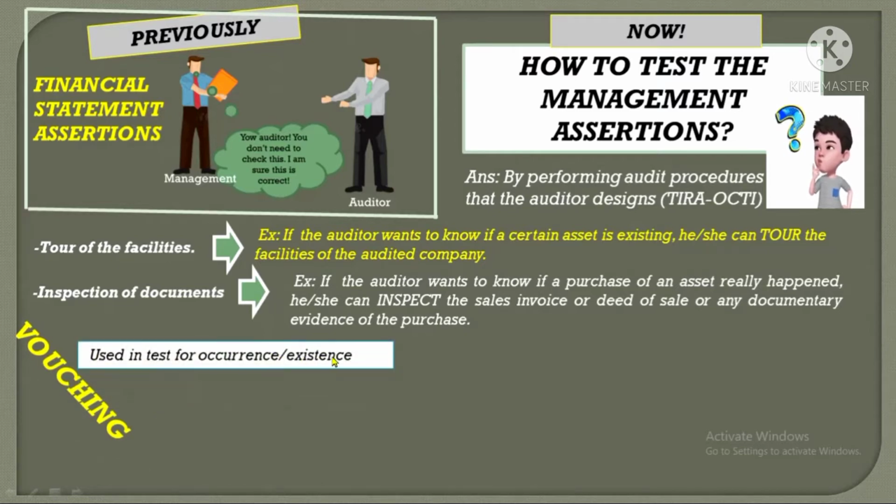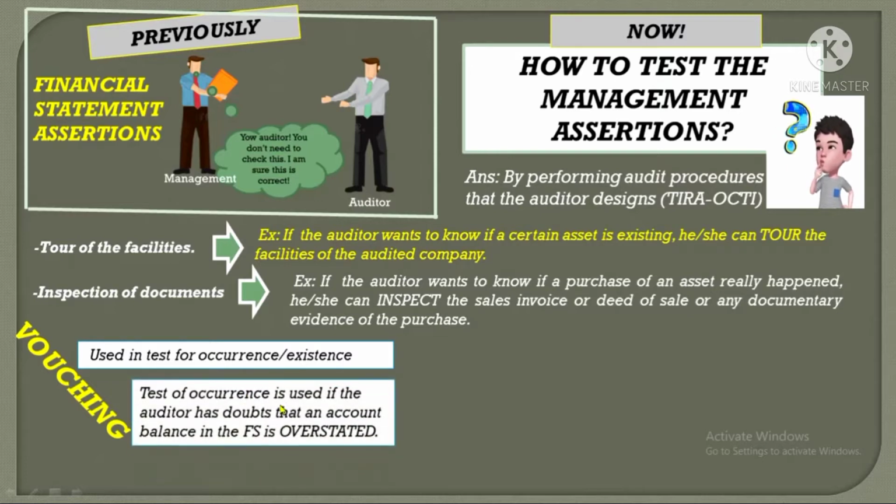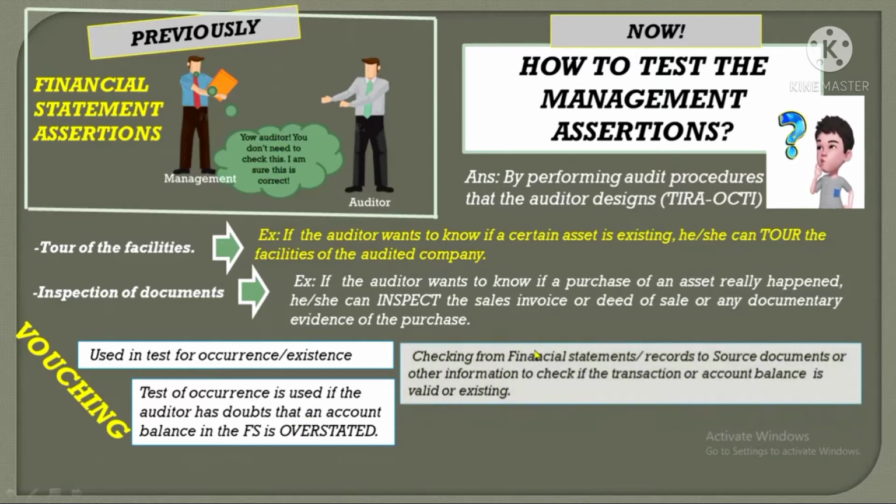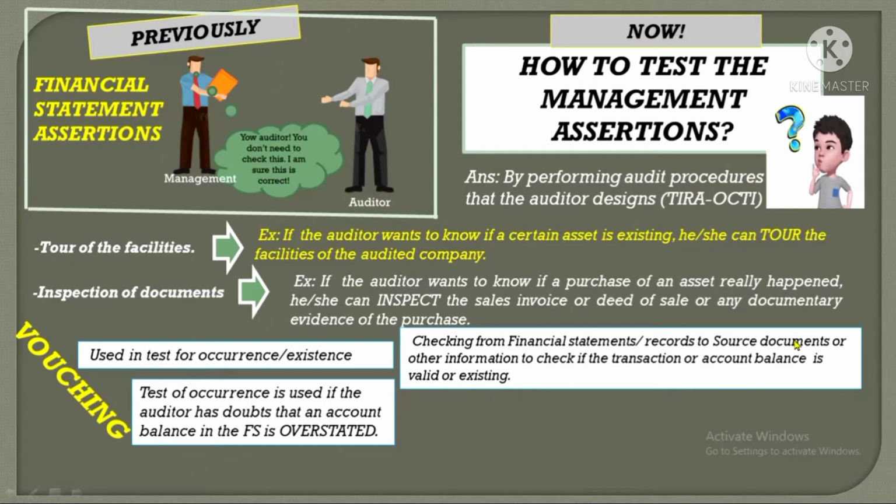Vouching is used to test for existence. Test for existence is used if you as the auditor doubt that balances are overstated or you are doubting that some of the recorded transactions are actually non-existent or invalid. So here, the direction is from the financial statement records to the source documents or other information.